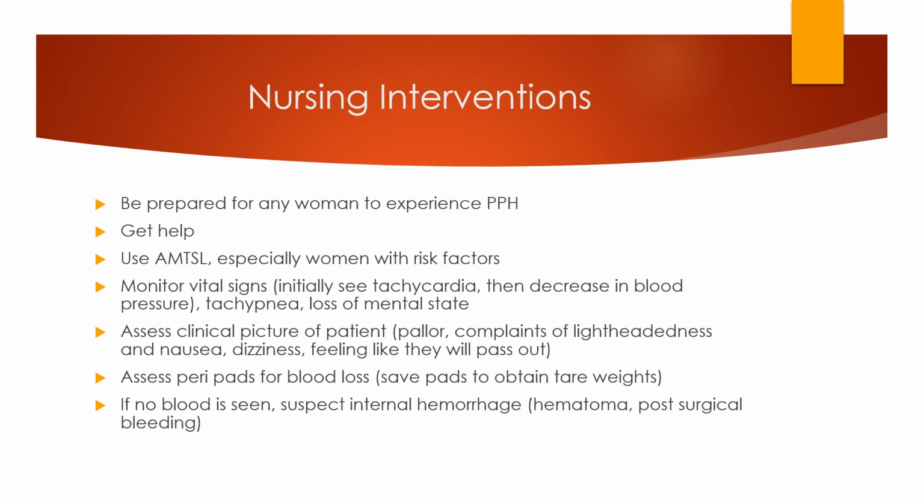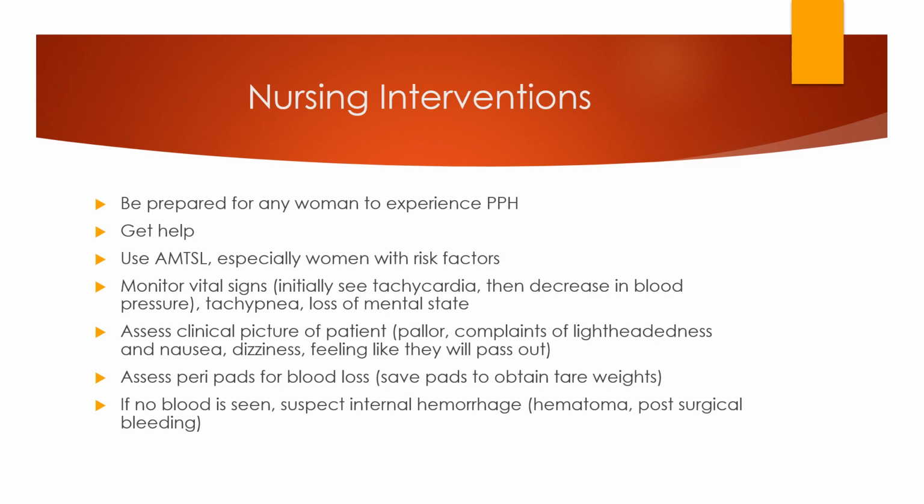Monitor vital signs. Initially, you'll see tachycardia. They get tachycardic because they're trying to conserve their blood pressure because their blood volume's decreasing. Once their blood volume reaches a low level, then you're going to start seeing a decrease in the blood pressure. And then your patient's really in trouble. If you're not able to maintain a blood pressure, your patient has exsanguinated a lot of volume.